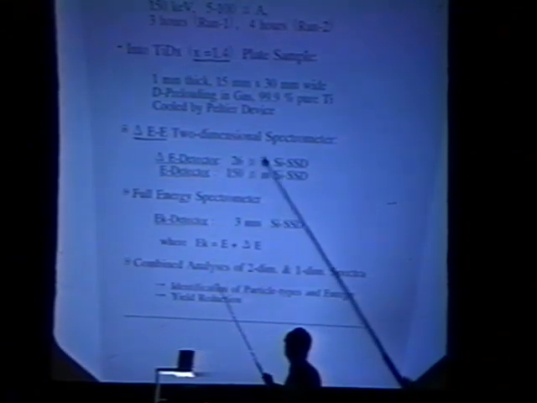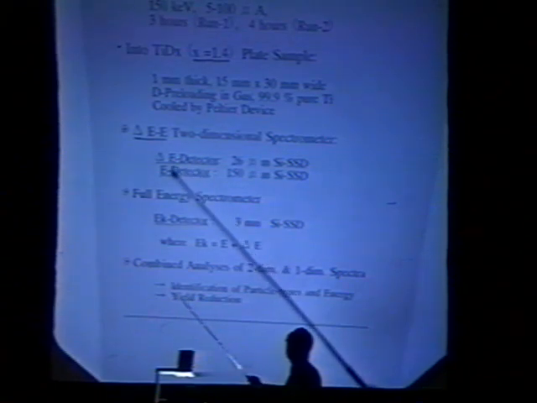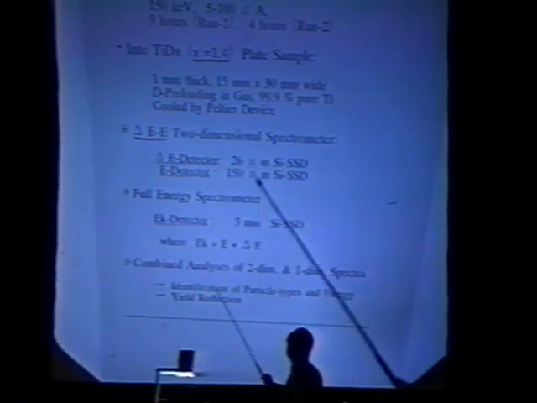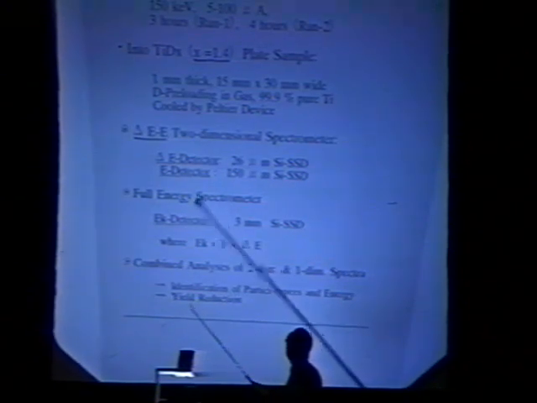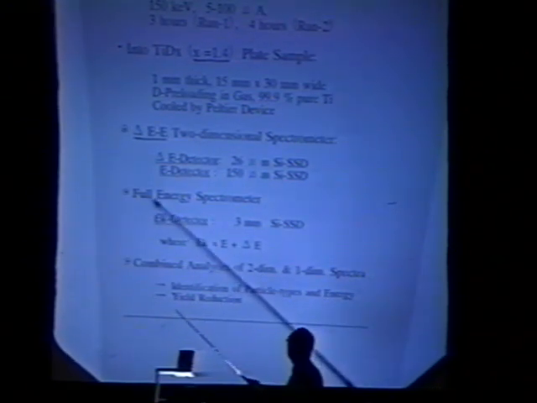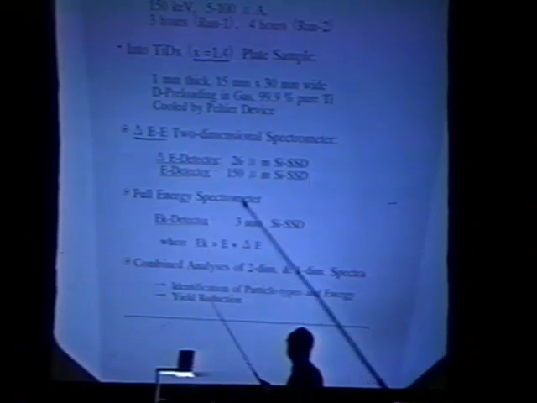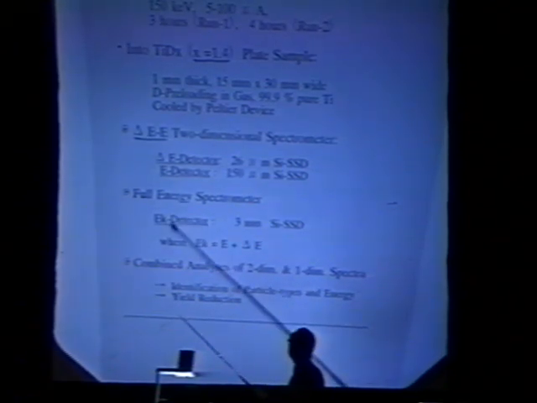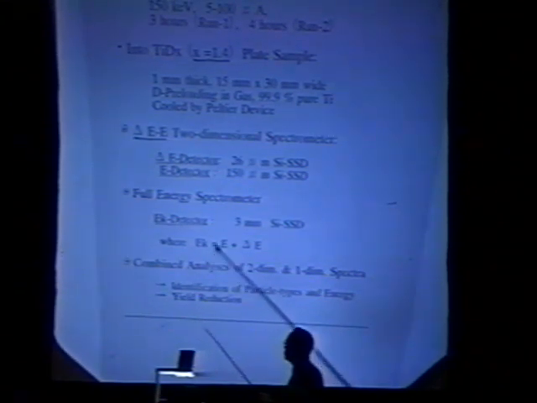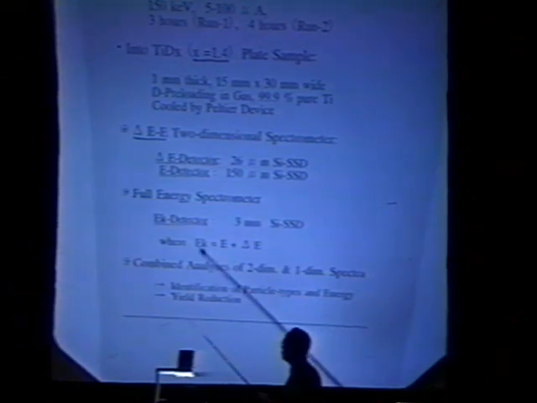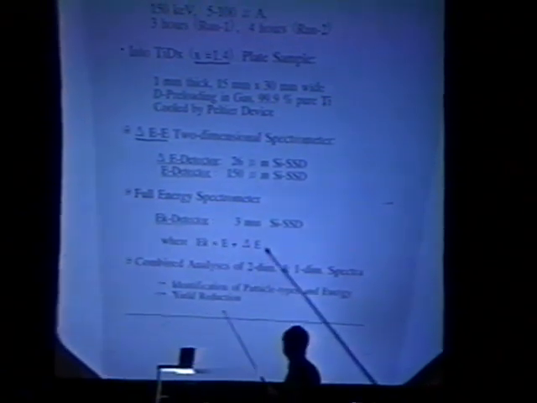I'll mention the reason very soon. And then the E detector is a silicon surface barrier detector with a 150 micrometer depletion layer. In addition, it's better to use a full energy detector, which we call here the EK detector. K means the kinetic energy of the particle. So we need to detect the directly emitted kinetic energy in full scale.